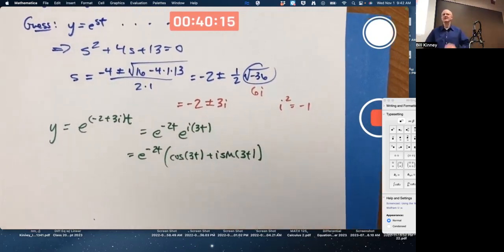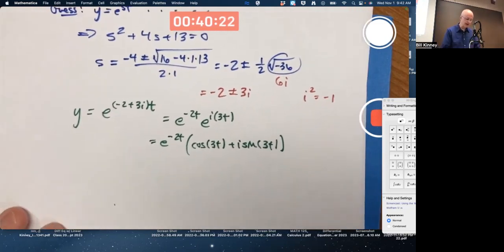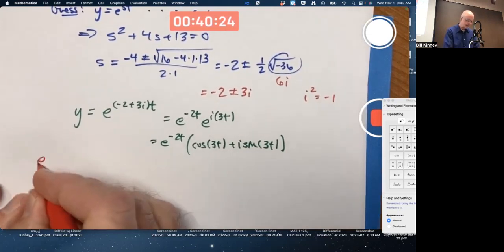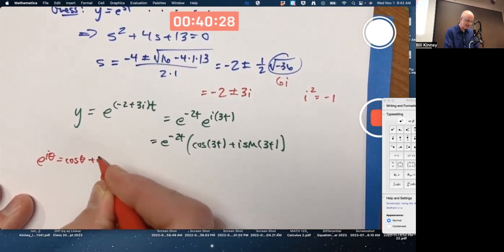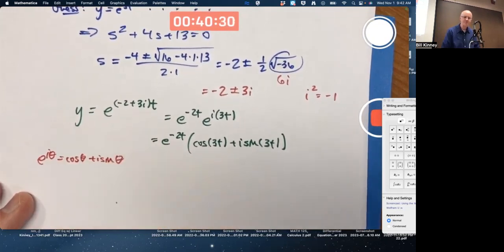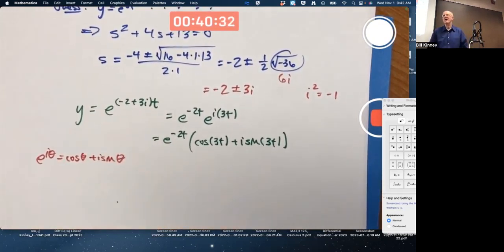Why? Well, okay, again, there's various reasons you can give. You can essentially take this as a definition of e to the I theta. E to the I theta is cos theta plus I sine theta by definition. But calling that a definition is not much fun. It's like, well, why did you define it that way?